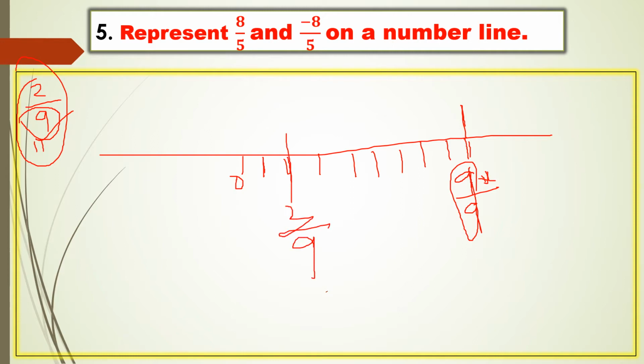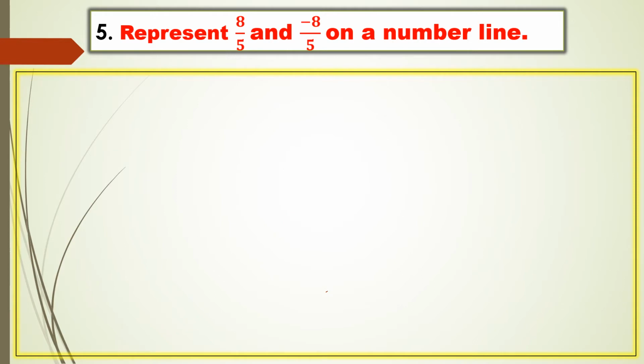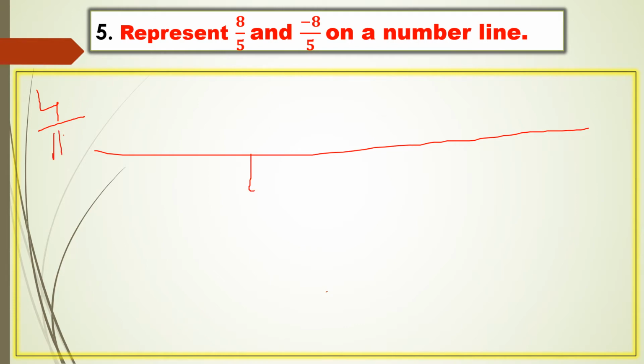Okay, let us check with one more example and then we'll go to the problem. Suppose we take 4 by 11. The denominator is 11, so do 11 by 11. Here write 11 by 11 as your 1.